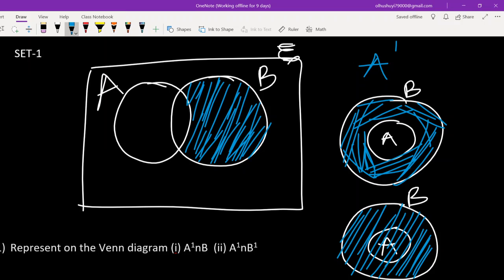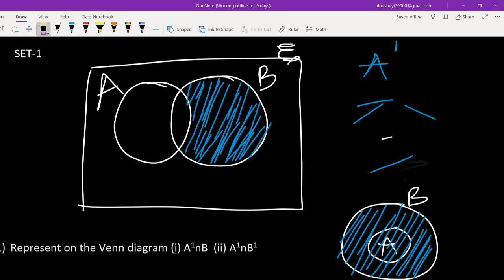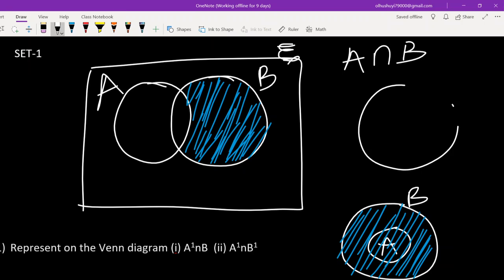What if you have A intersects B? What do you have? I'm still using this. I have A inside, I have B here.